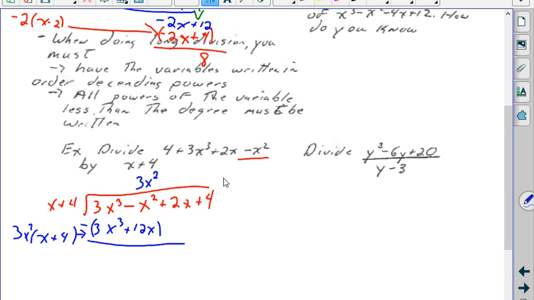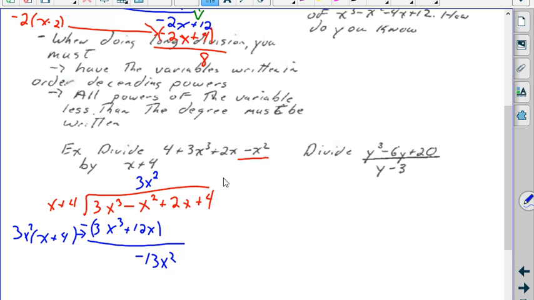Negative x squared minus positive 12x squared. Negative 13x squared. That's where we make the most mistakes, is in our integer work.